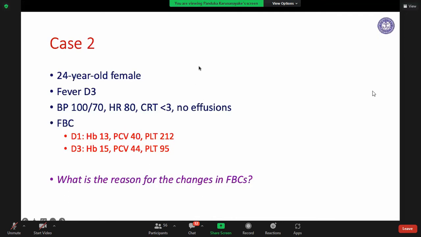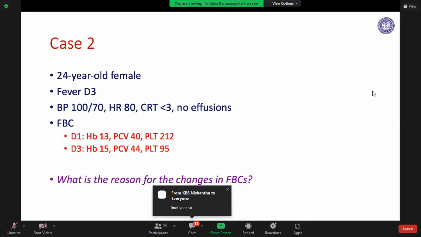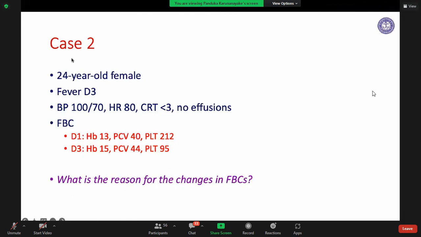Udana Jayatilaka, which year are you? Final year. So that means you have done your medicine appointments, like the third year, fourth year appointments? Yes, sir. And one prof appointment I've done so far. I see.